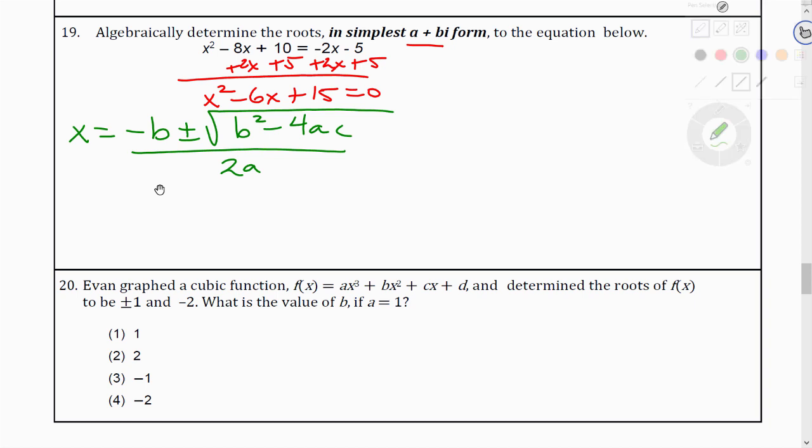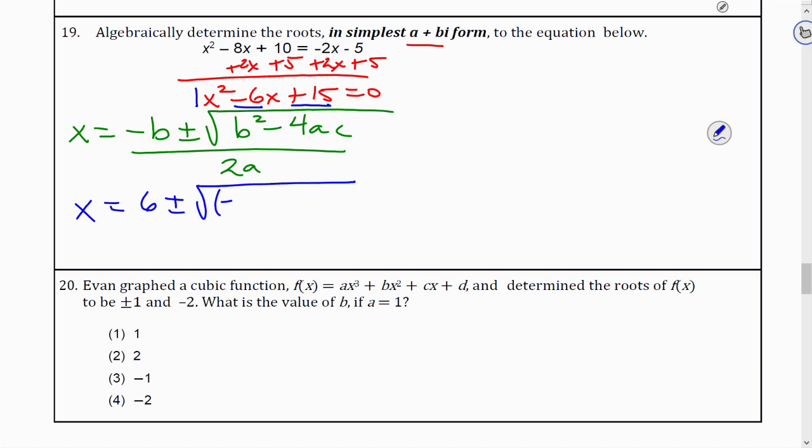In this case, a is 1, b is -6, and c is positive 15. Plugging those in, x equals the opposite of -6, which is a positive 6, plus or minus the square root of -6 squared minus 4ac, where a is 1 and c is 15, all over 2 times 1.